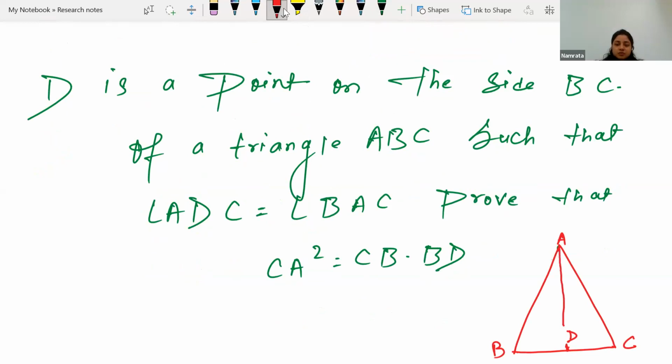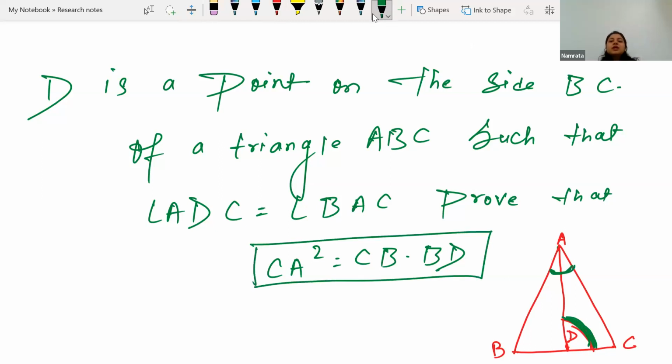Let's join these. This green angle and this green angle are both the same. We have to prove this one. How can we do so?